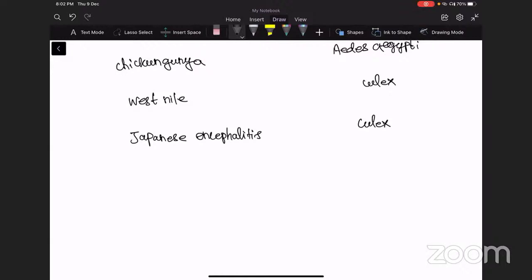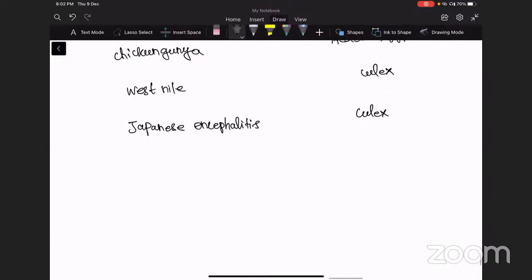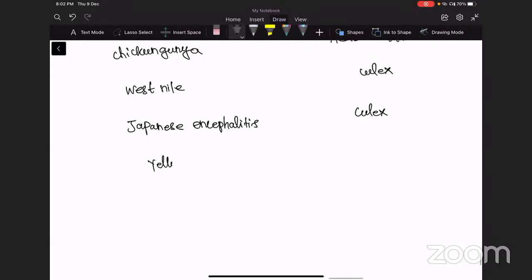Dengue is caused by which mosquito? Yellow fever is caused by again Aedes aegypti.